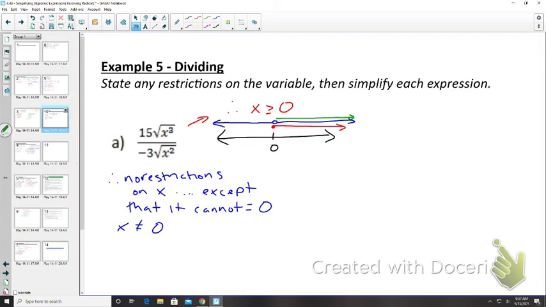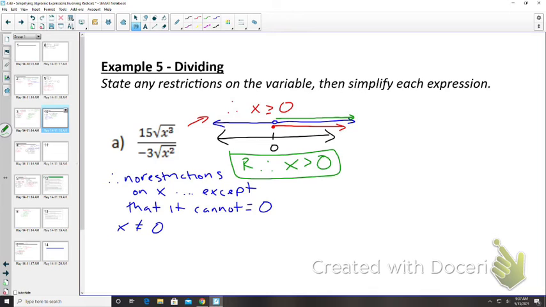So therefore, our restrictions: x must be greater than 0. If it is 0, it will make the denominator equal to 0, which is undefined. So x cannot equal 0, and they both agree when x is greater than 0. So those are our restrictions.